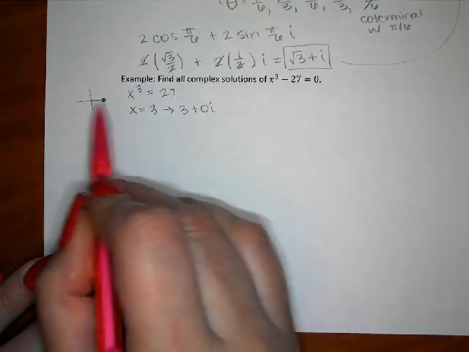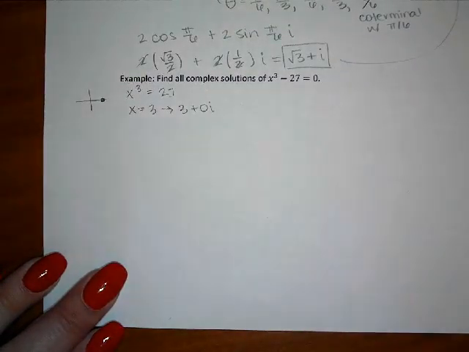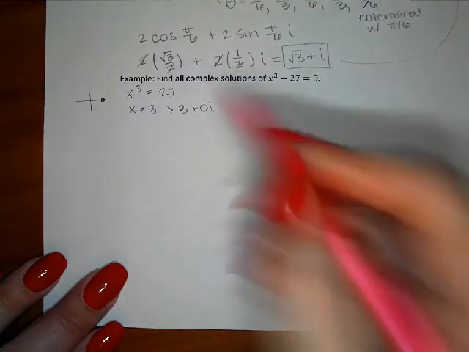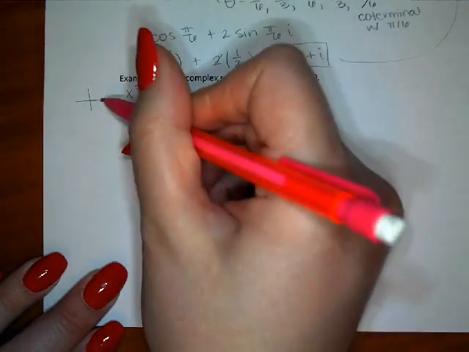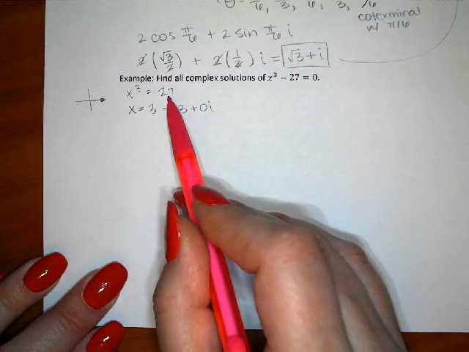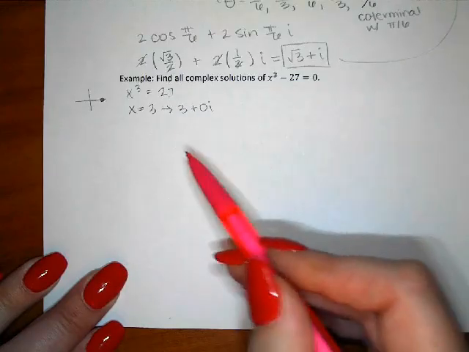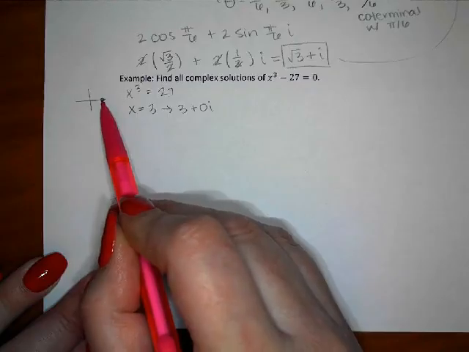So I would say for this that I have my modulus would be 27 to the 1/3 power. That's how I found the 3, is I took the third root of 27, and I would say that my argument, my angle, is just 0 degrees or 0 radians, because that's where I am over here.